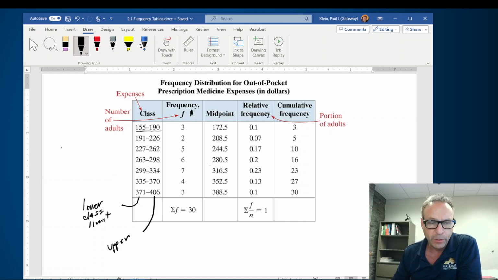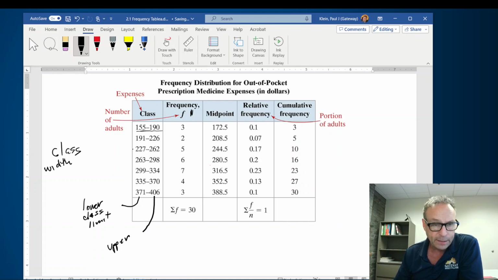Okay, so the next thing you want to know is how wide these classes are. What's the class width? You might think you could just subtract 155 from 190 and take the difference, but that's not really going to work. That's not what you do. Be careful about that. What you do is subtract any of the lower limits from each other.